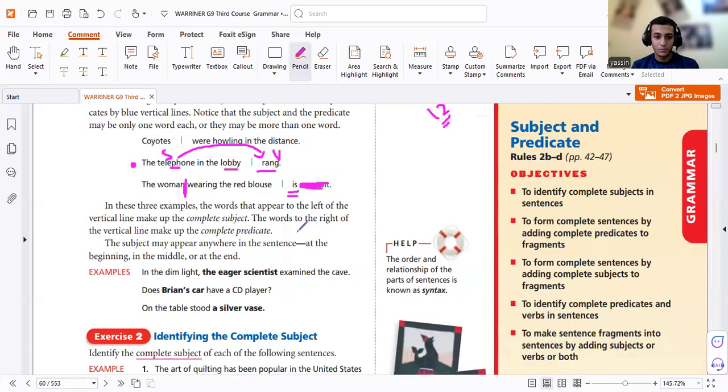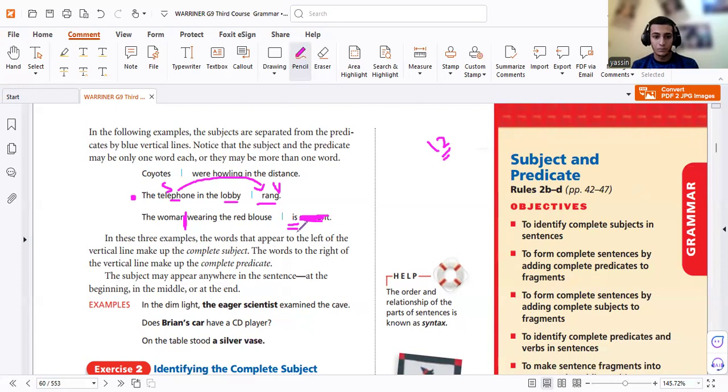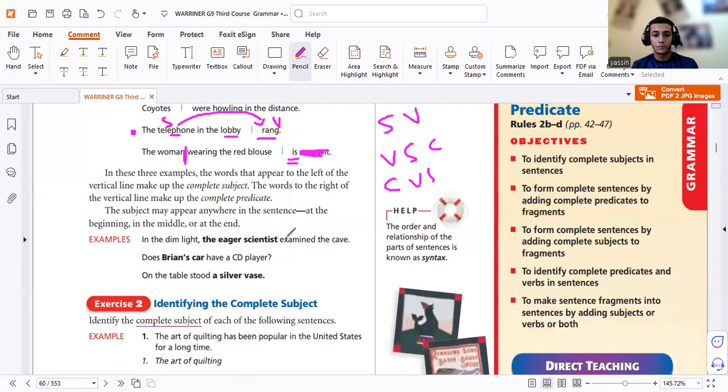Let's try. So now, don't expect the subject to be before the verb. It can be verb, subject, complement, or complement, verb, subject, in any order, such as: in the dim light, eager scientists examined the cave. Who, what examined? Them, light, eager, scientist, cave. Logically, scientist.